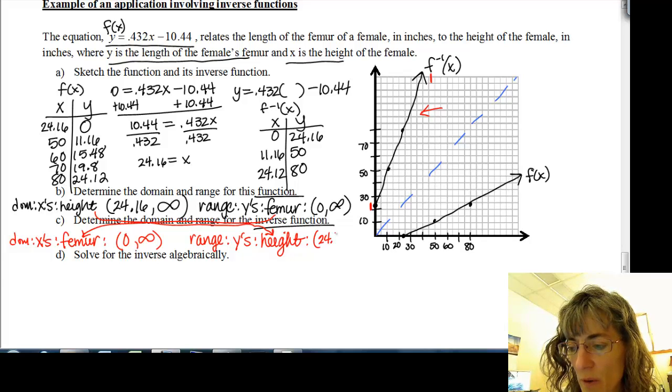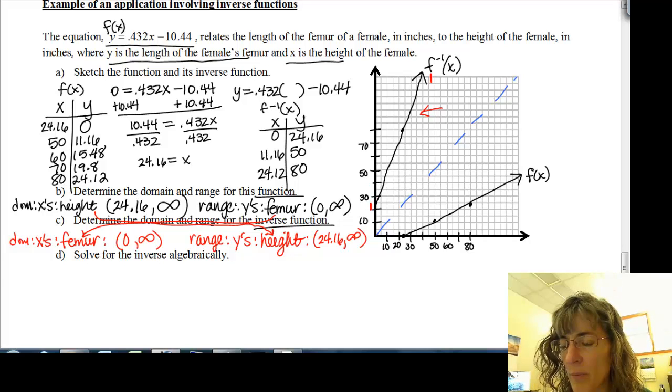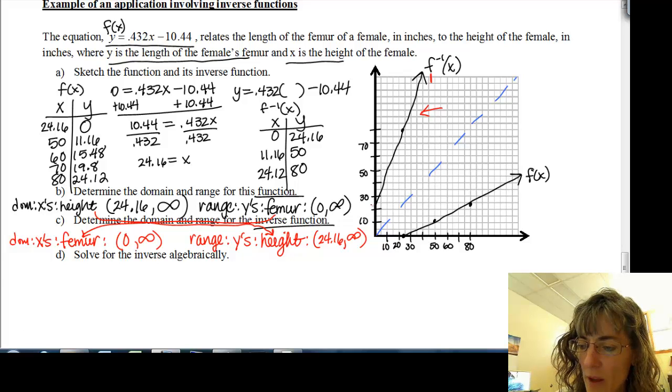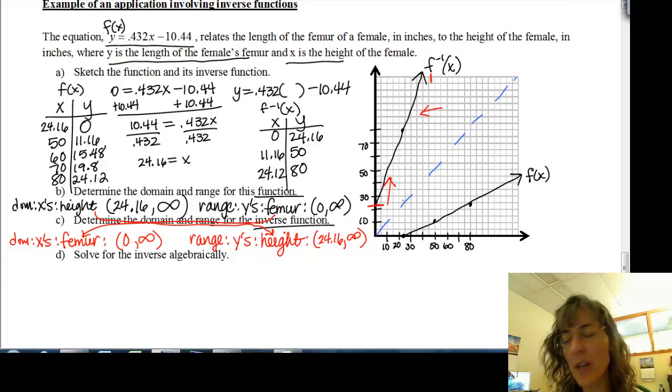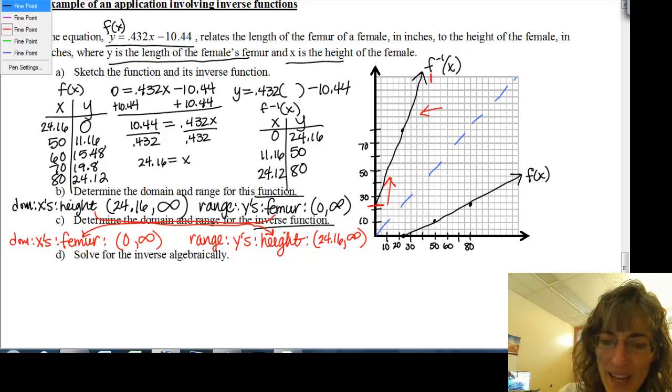It's going to be the exact same height that we already figured out, so 24.16 to infinity. Things haven't changed, but look at the function. Now we're talking range, so we're going from that 24, from this point here on up for the range, and that is about that 24.16 to infinity. So that does make sense from our graph as well.